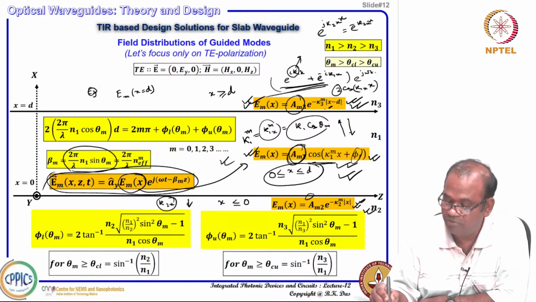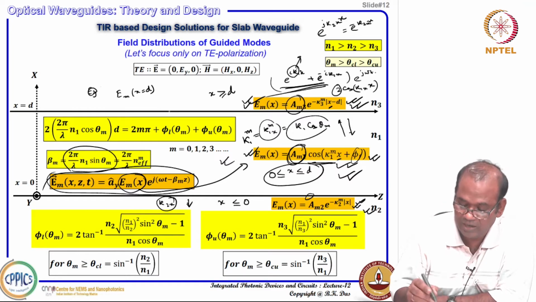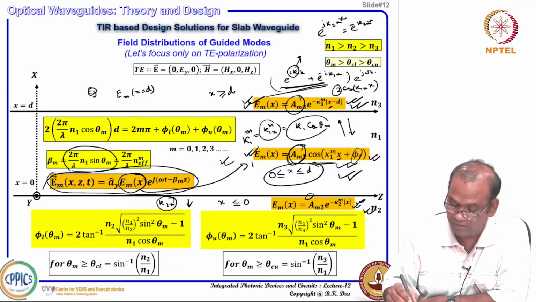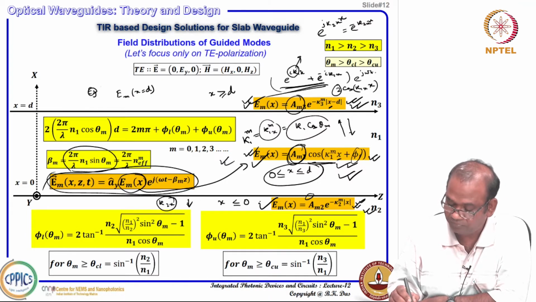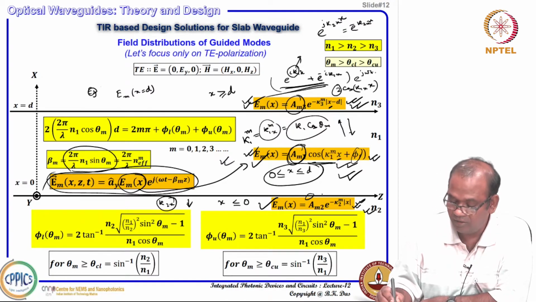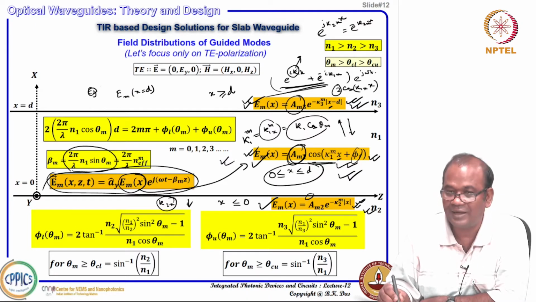Just putting x equal to d here and here, I can get one equation. Similarly, this equation and this equation should be satisfied because of the boundary condition at x equal to 0. If I put x equal to 0 here and here, you will get another equation.